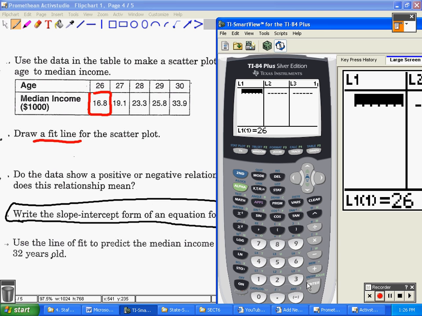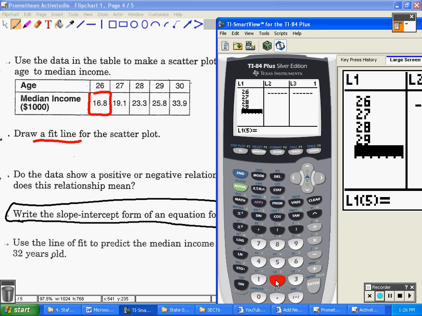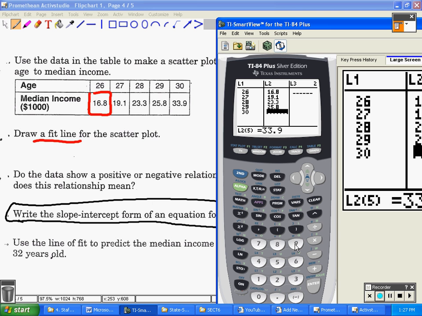My X's are 26, 27, 28, 29, 30, and my Y's, let me hit that over arrow, up, are 16.8, 16 and 8/10, 19 and 1/10, 23 and 3/10, 25 and 8/10, and 33 and 9/10.